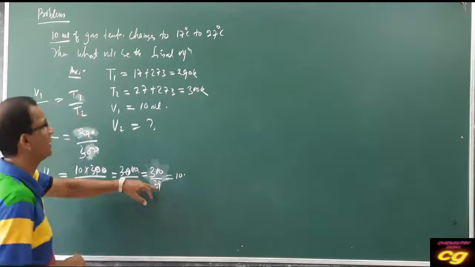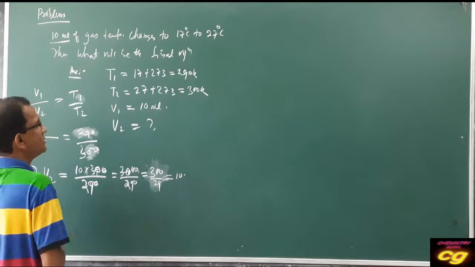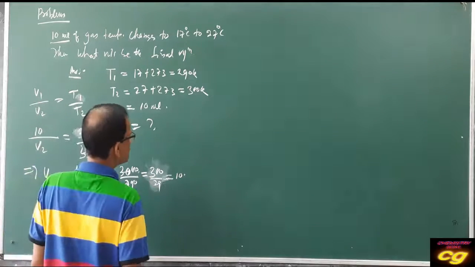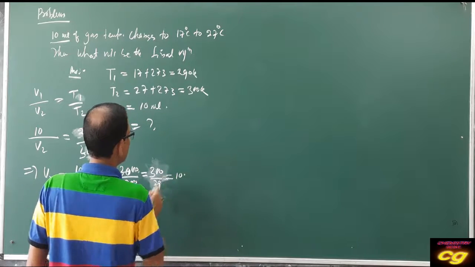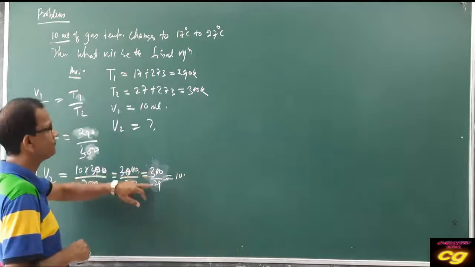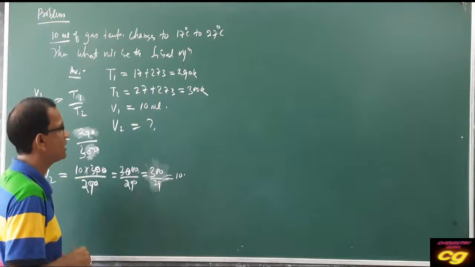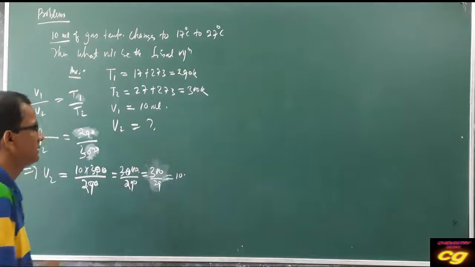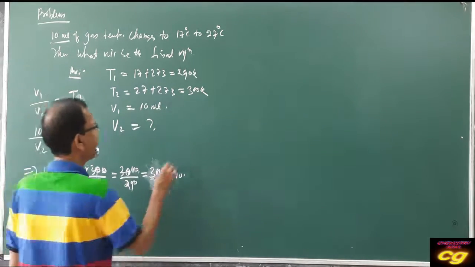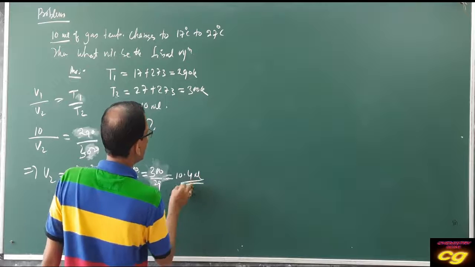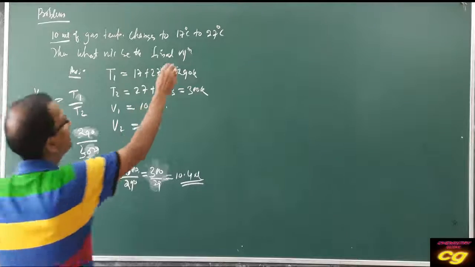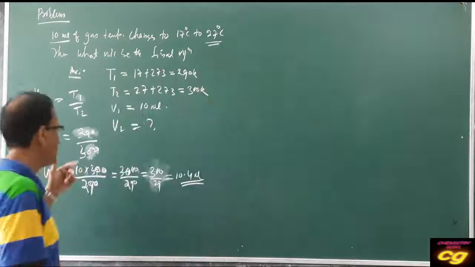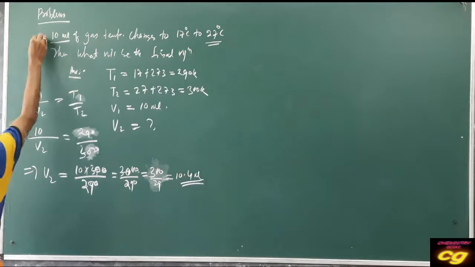If you put 1, that is 29, then remaining 10, then 100, that is 10 point something. Approximately 4, so about 10.4 ml. So this is the volume of gas at 27 degree Celsius. So in this way you can calculate the first problem.